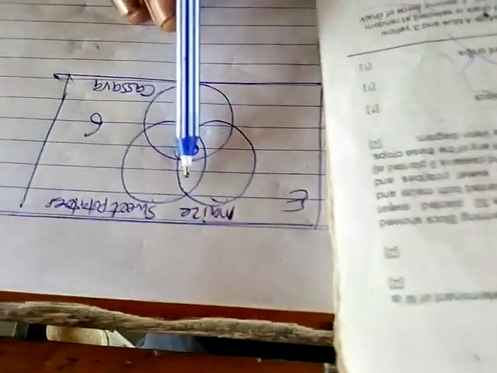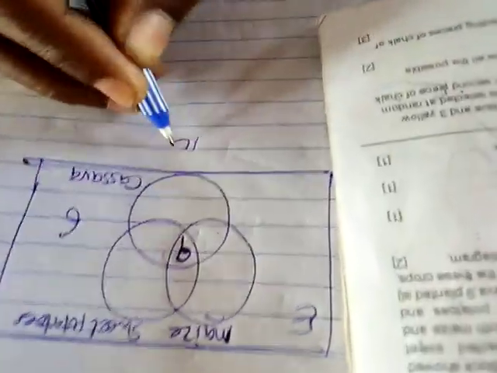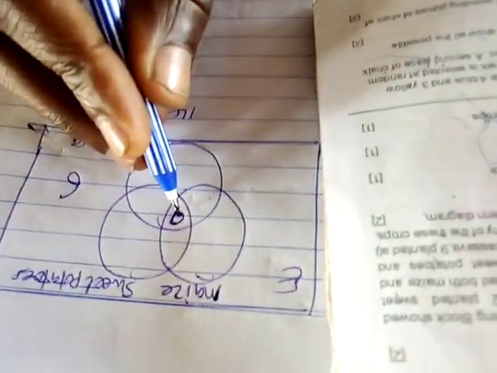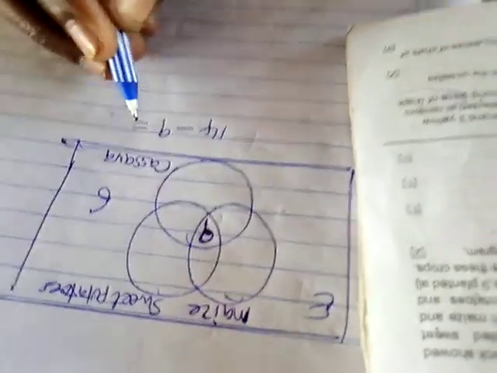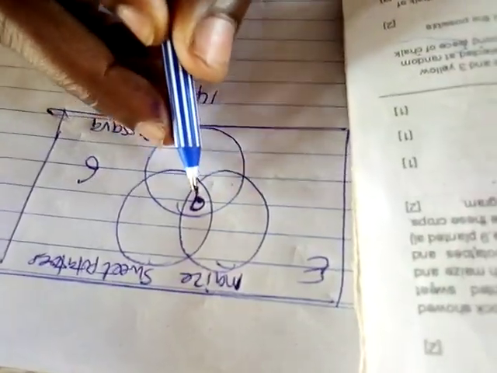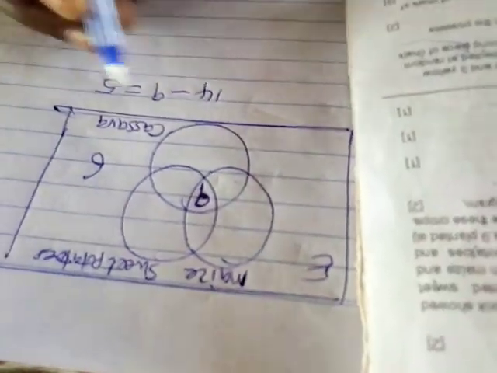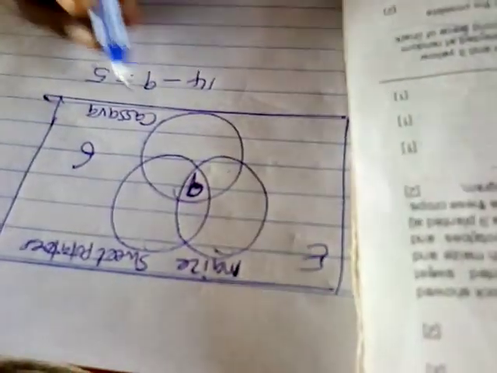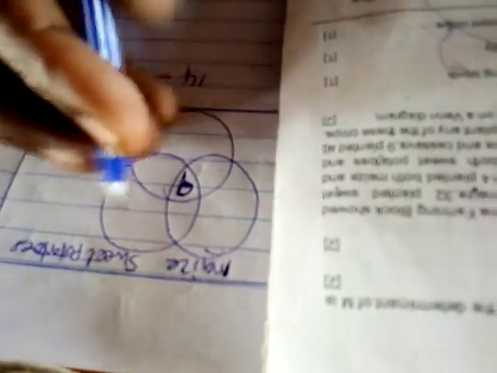We are not going to write 14. We need to say 14 minus 9. You need to subtract the number at the center each time. So 14 minus 9, we get 5 for maize and sweet potatoes.